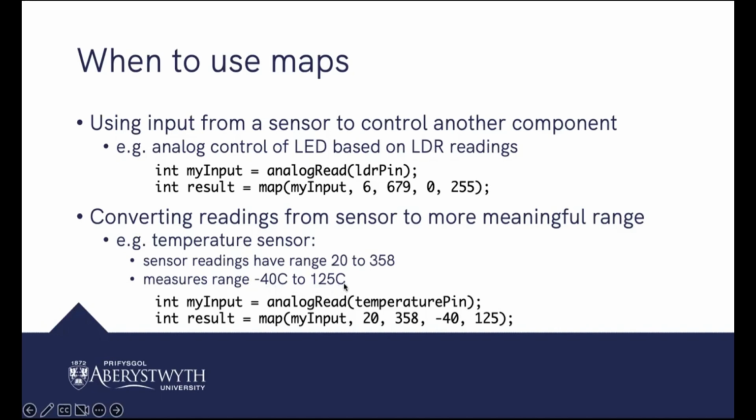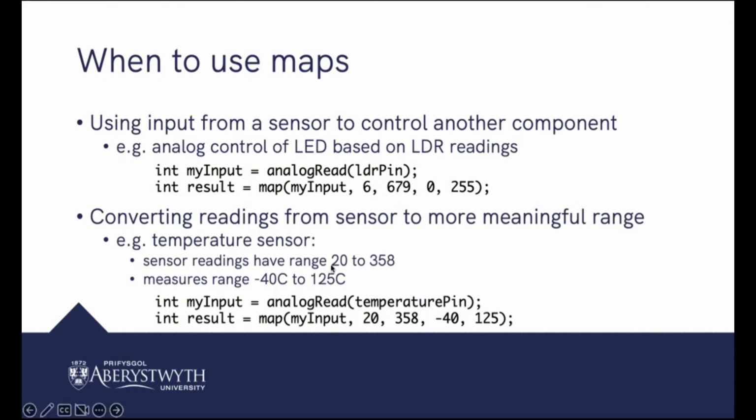Now, obviously, those numbers make a bit more sense. We can associate -40 with really, really cold. 125, whoo, you're boiling water at that point. But 20 and 358 doesn't necessarily make so much sense if we want to understand what the temperature sensor is telling us. So what we can do is use the map.